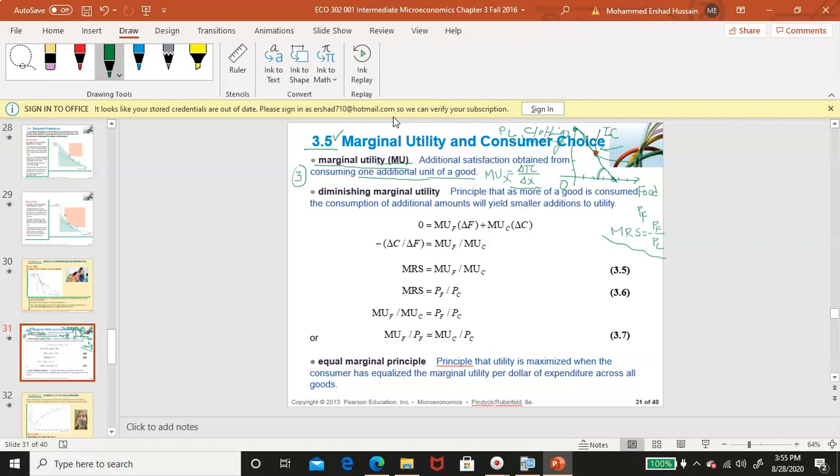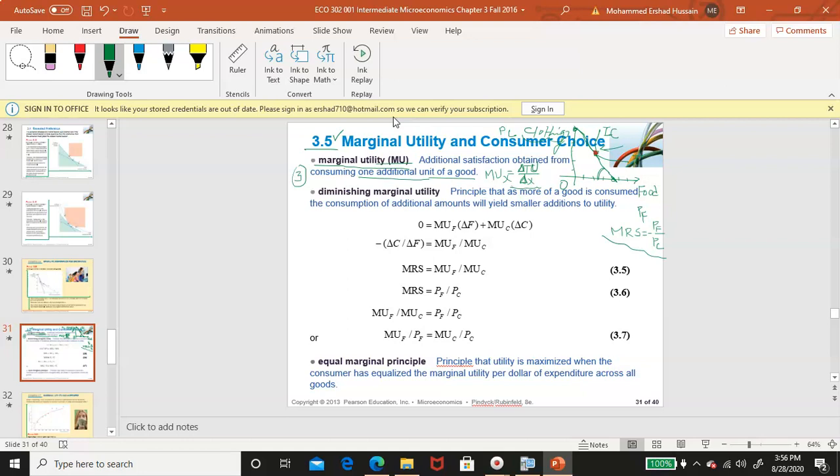Delta stands for change. Delta TU divided by delta X, that will tell us how much total utility will change corresponding to a given change in X.